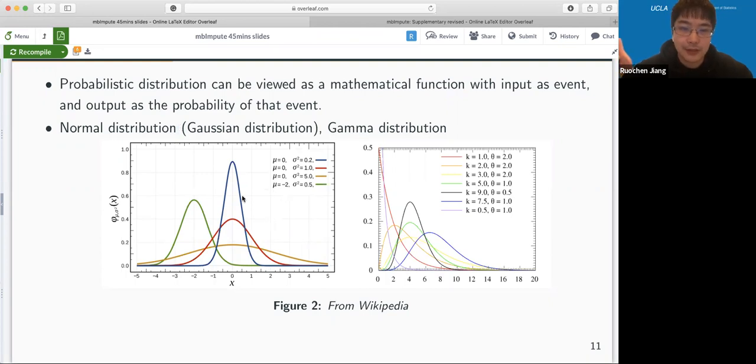And if you do it infinitely, it will converge to the normal distribution. And for the gamma distribution, there are other kinds of meanings behind it, so statisticians derived it from other perspectives. Every common distribution has a reason to be developed or proposed.